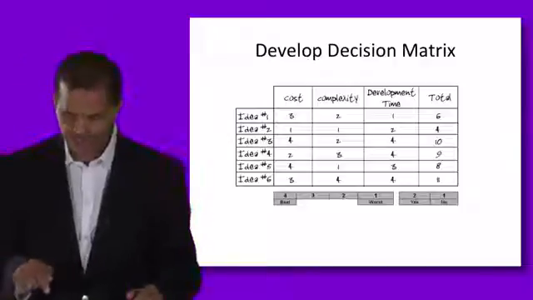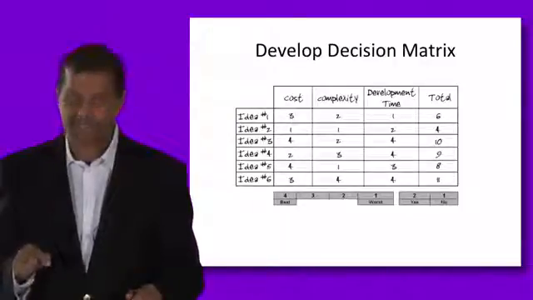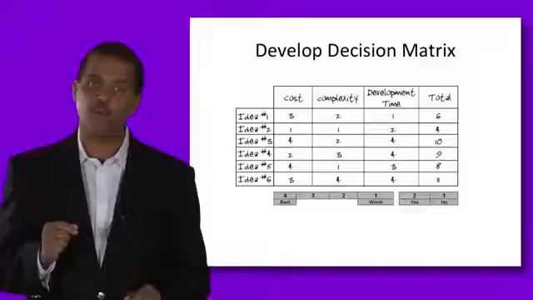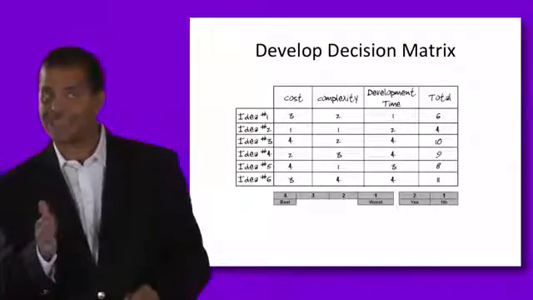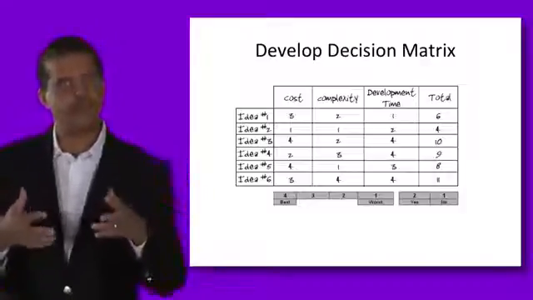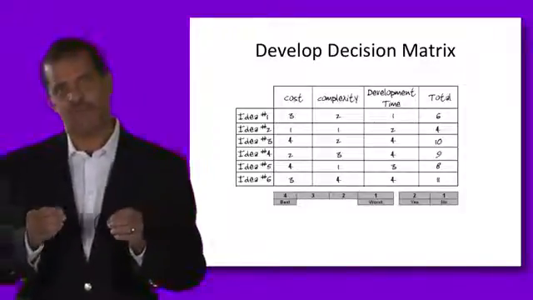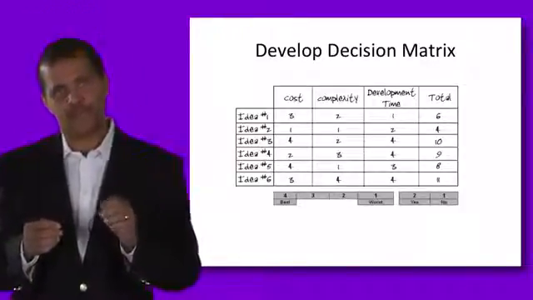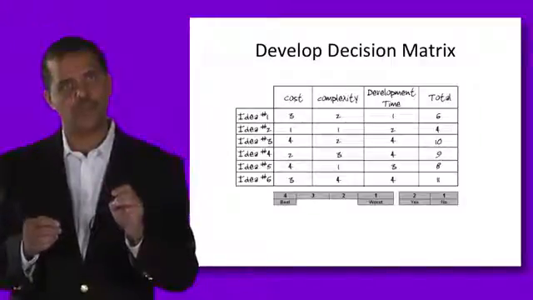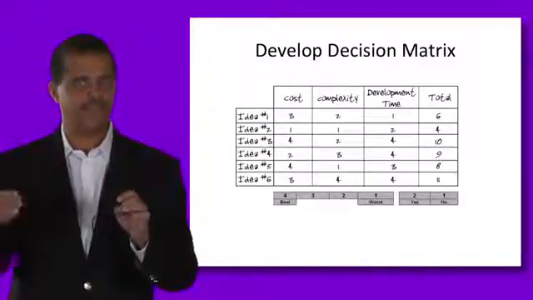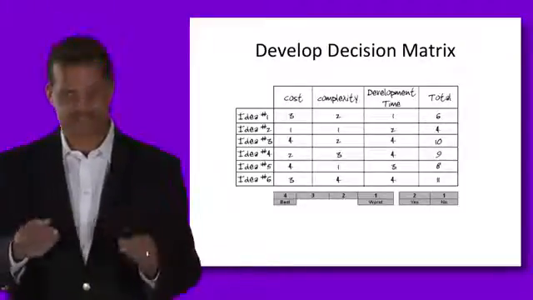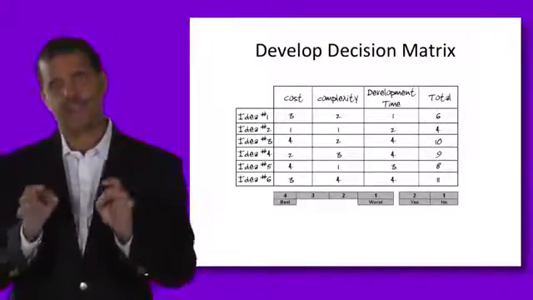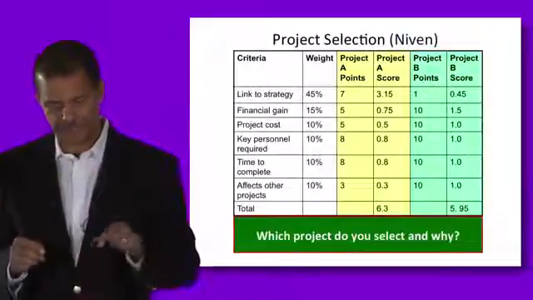Number 3 and number 6 only differ by 1. So although the numbers may tell you 11, you may actually pick 10 because there may be some intangible that really can't be quantified. So what I'm suggesting to you is use both qualitative factors and quantitative factors to arrive at the best decision, being attentive to the process of decision making.